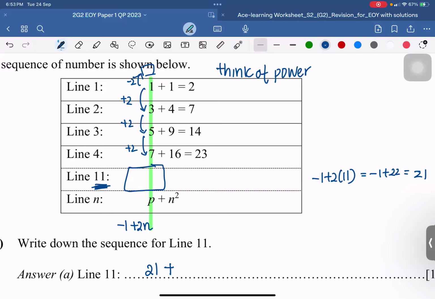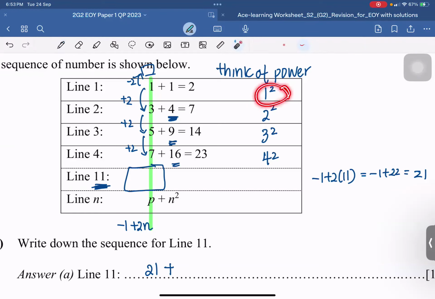Let's take a look. 4 is what number with a power? 2 square, correct? 9 is 3 square. 16, 4 square. So you see line 1 will be 1 square.